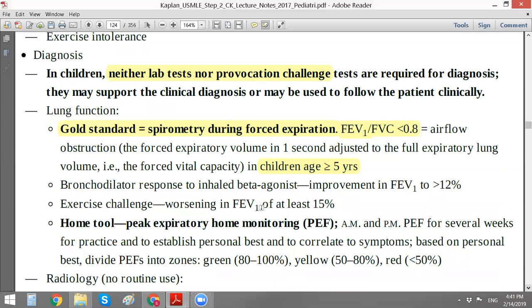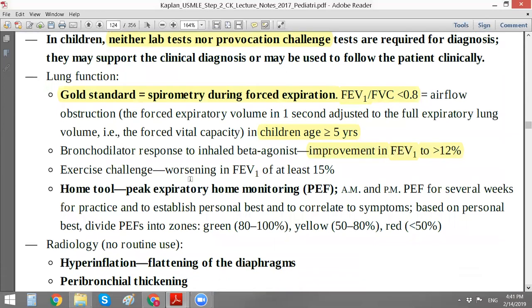Exercise challenge shows worsening in FEV1 of at least 15%. First we find it's less than 0.8, then we give the bronchodilator and the response is greater than 12% improvement, and worsening will be at least 15% or 20%. This is the methacholine challenge test or exercise challenge test.